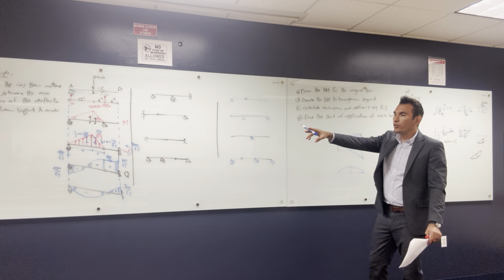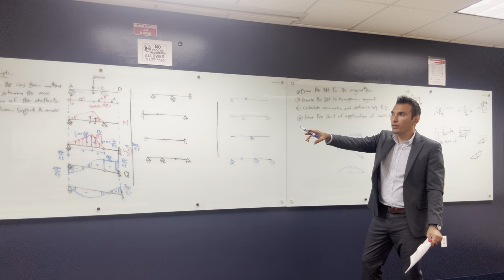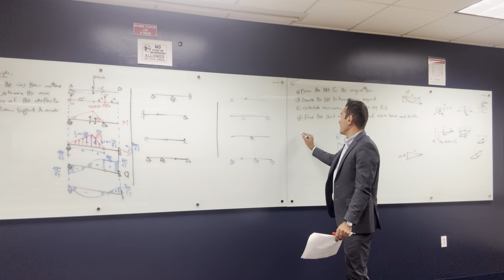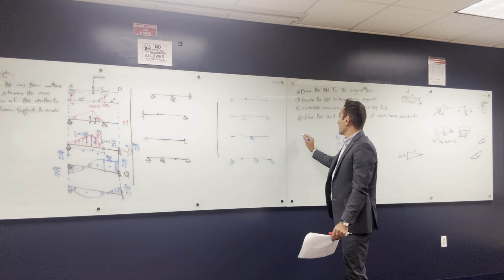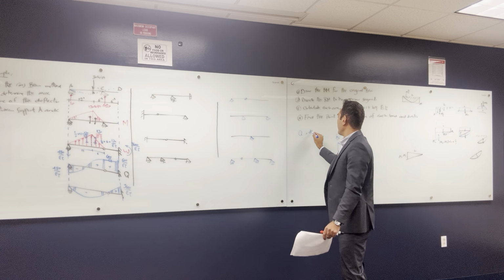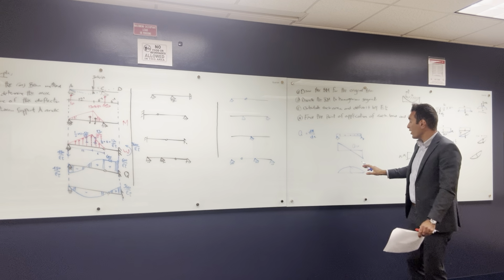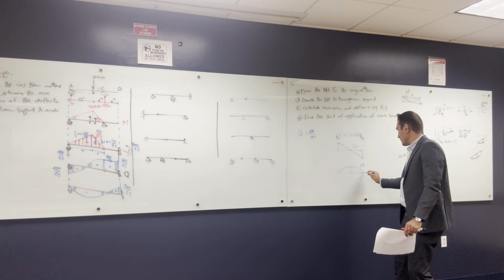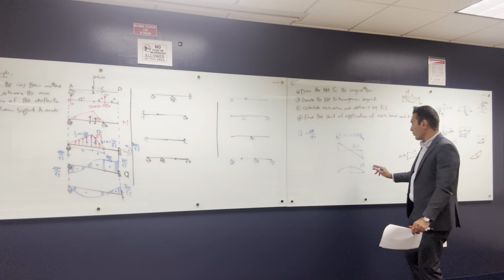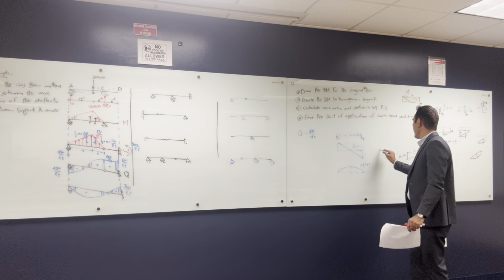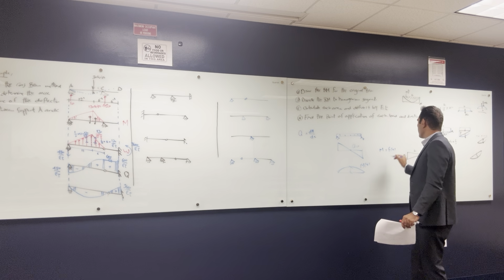Do you remember the relationship between the moment and shear? Shear is equal to dM/dx, right? If you know the function of the moment, the bending moment diagram is a function of x, say M is a function of x.